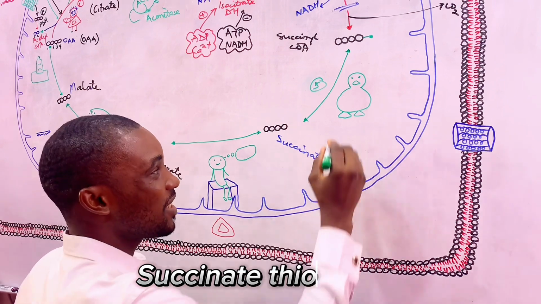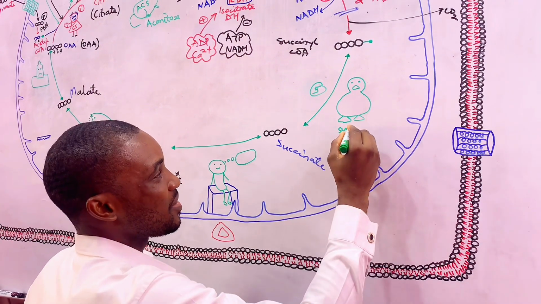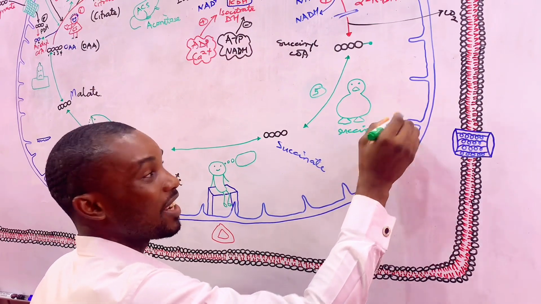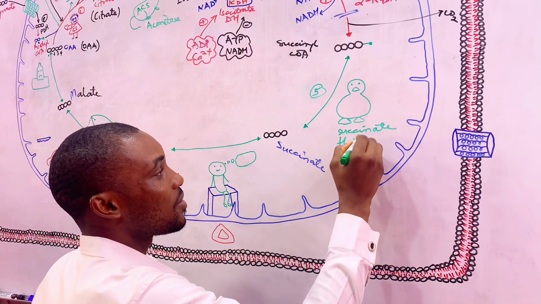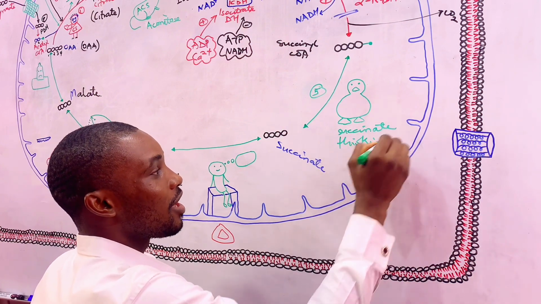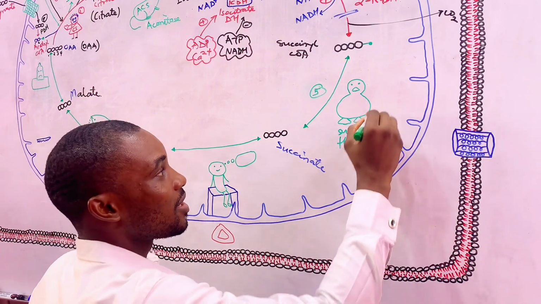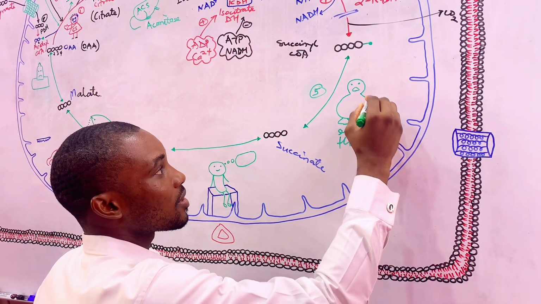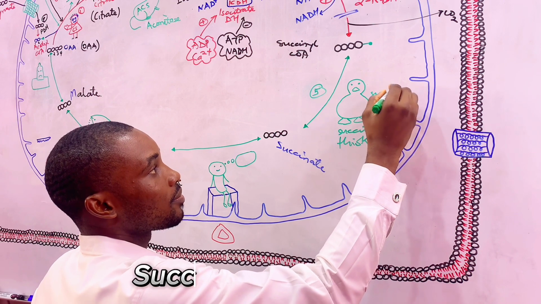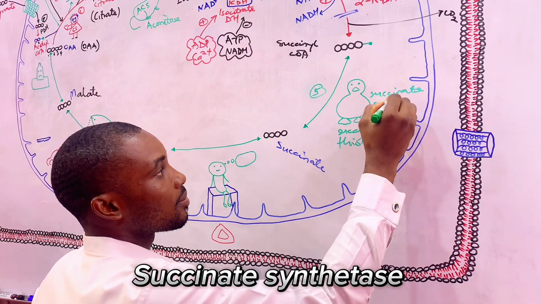It's a pretty small enzyme that doesn't have any problem. The only problem is the name. There are two names: you can also call it succinate synthetase.